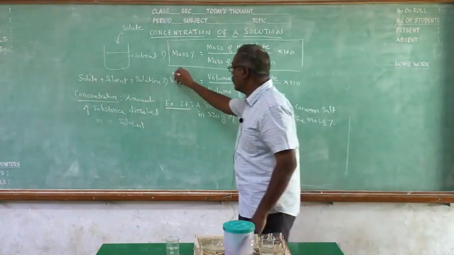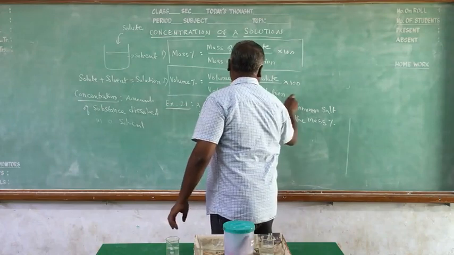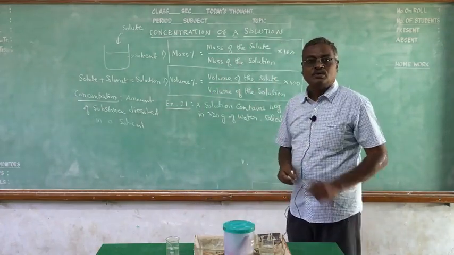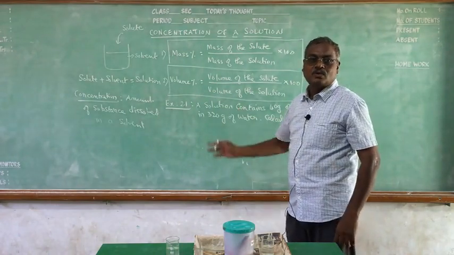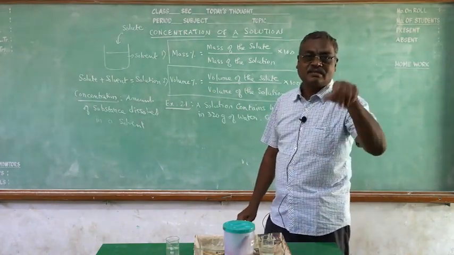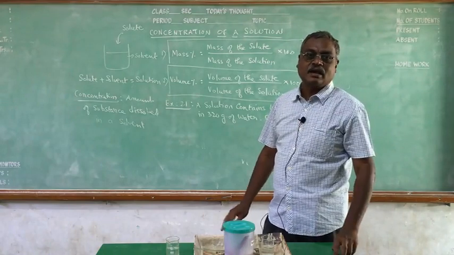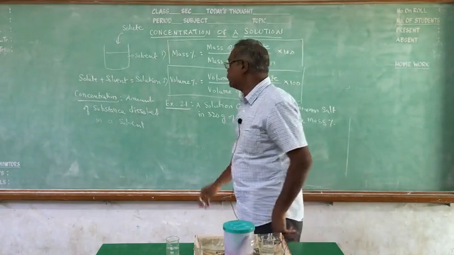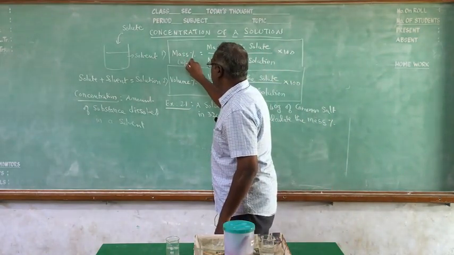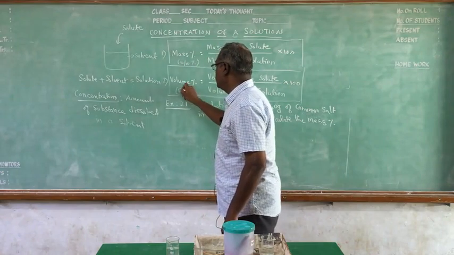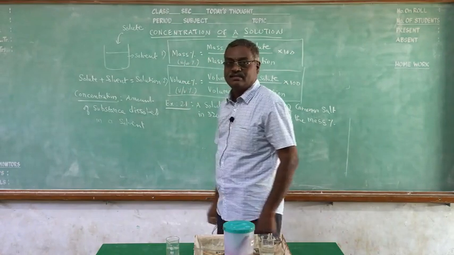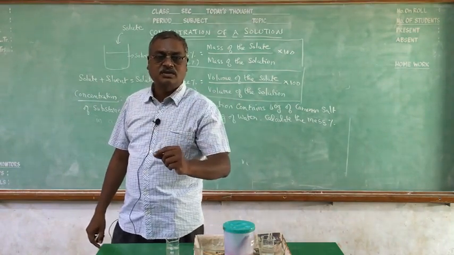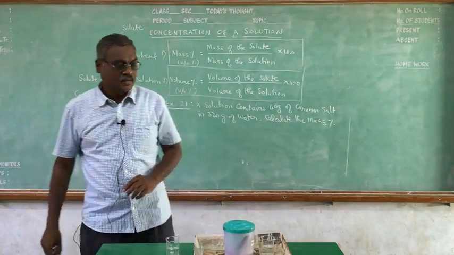The volume percentage is volume of the solute divided by volume of the solution into 100. There are many units, but for class 9th only two: mass percentage, otherwise called W by W percentage, and volume percentage, otherwise known as V by V percentage.